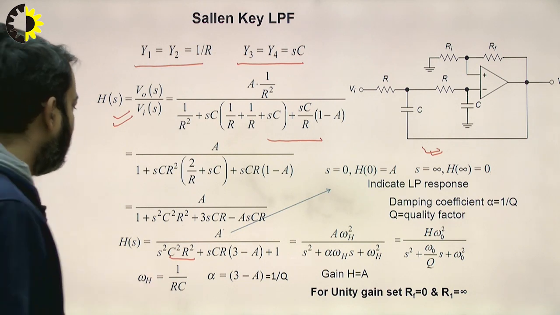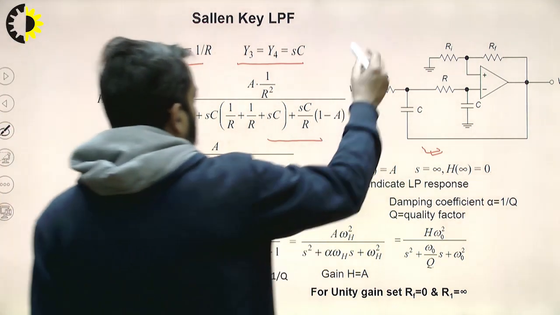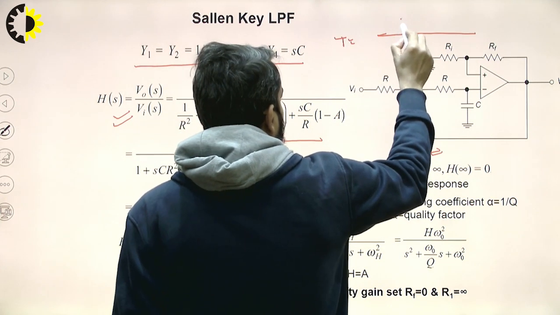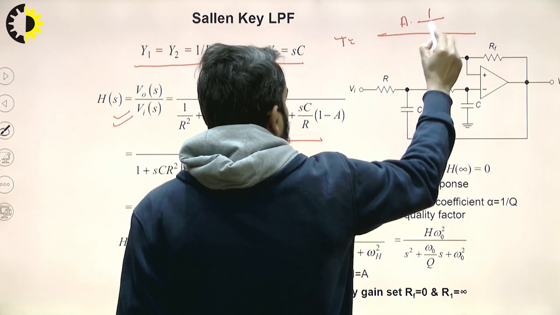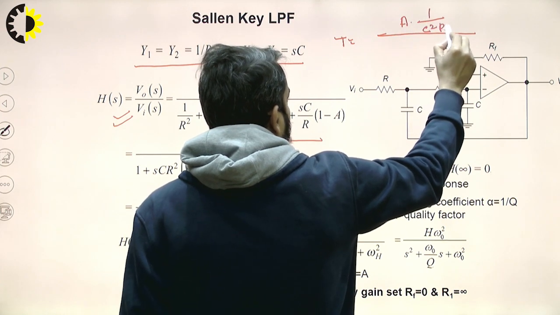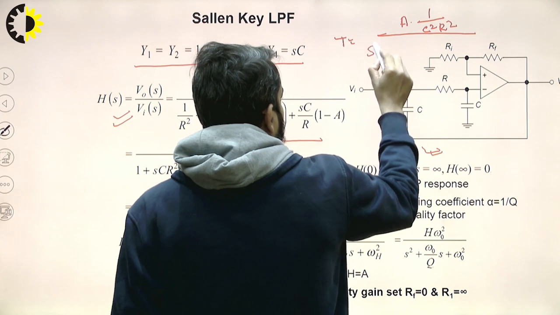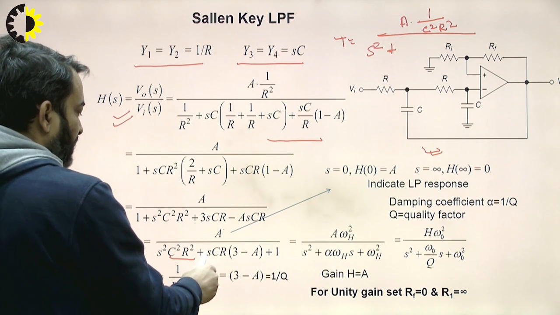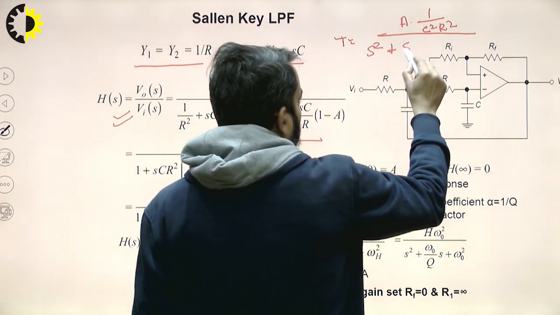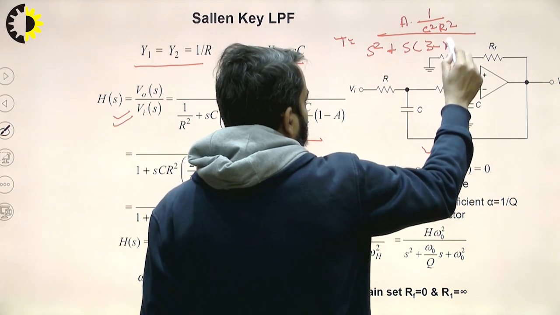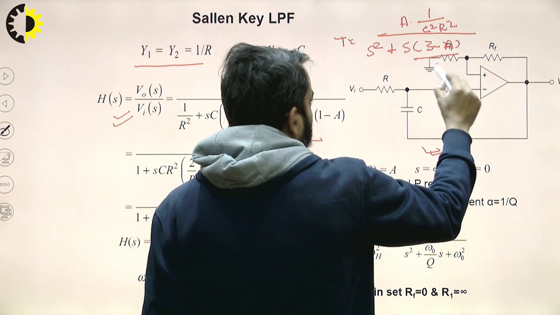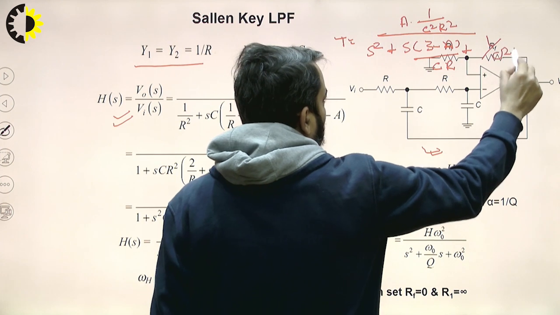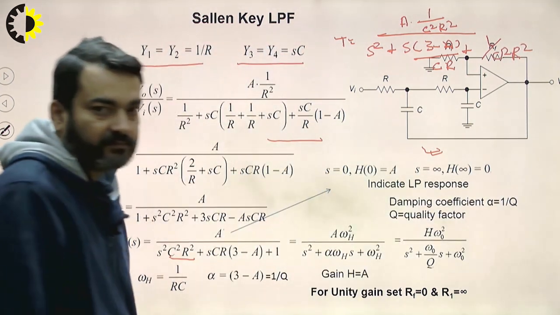So if we write, we will get the transfer function as, in the numerator, A times 1 by C square R square. In the denominator this is S square, 1 CR will be cancelled, so we will get S times (3 minus A) divided by CR, plus 1 by C square R square.